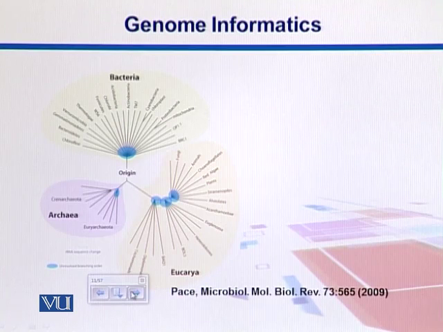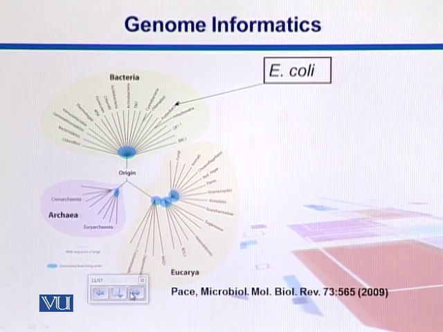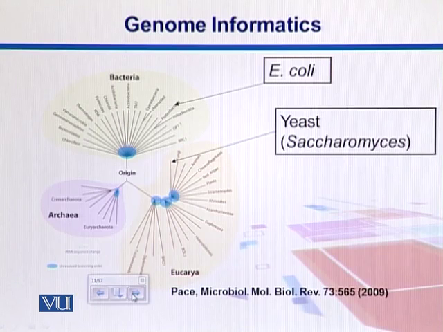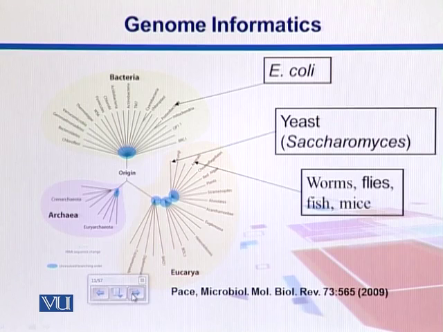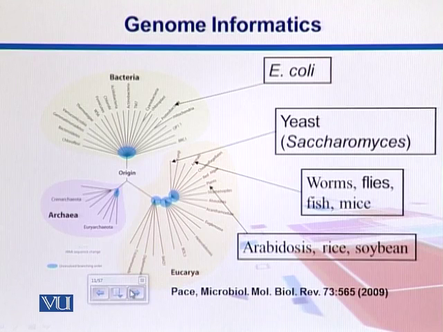So we pick those model organisms from important branches of this tree of life. For example, E. coli is right here. We pick yeast as an example of fungi. From animals we have worms, flies, fish and mice. Obviously Arabidopsis, rice and soybeans are the examples from plants. So we try to get these organisms' best representatives from different classes, from important branches on this tree of life.